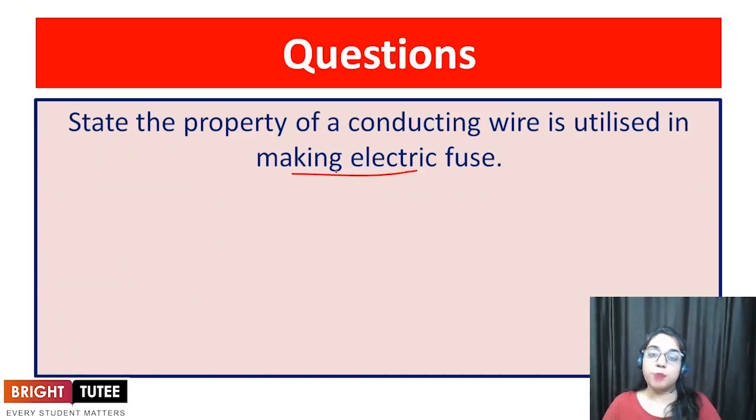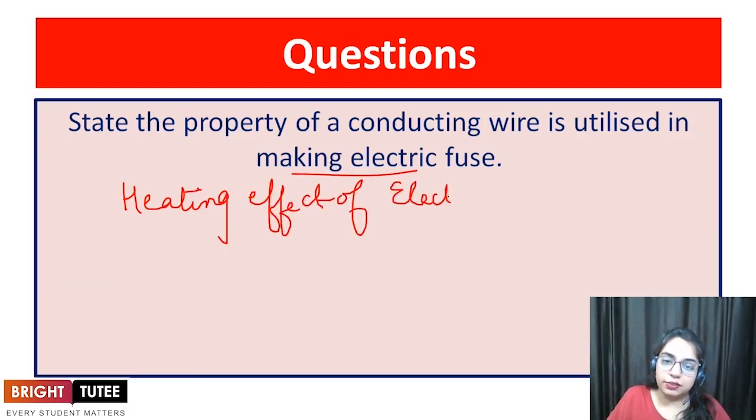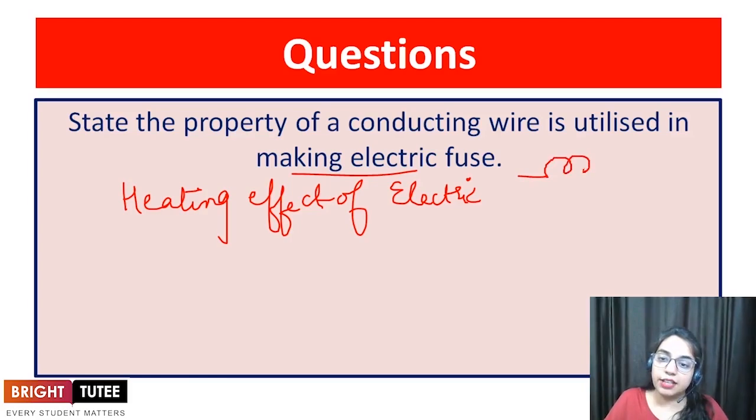So children, which property of the conducting wire is used to make an electric fuse? The property is the heating effect of electric current. So children, we select the material of the wire which we use for making a fuse in such a way that this wire has a low melting point.